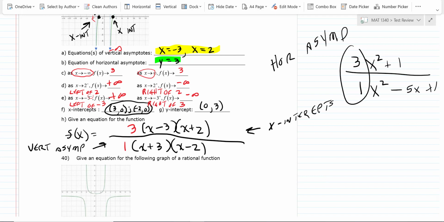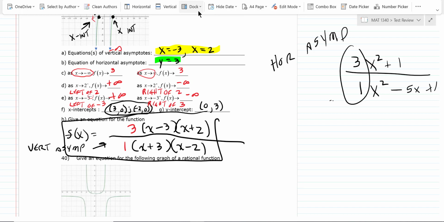The only thing that you got to do on this problem is see if our y-intercept is correct. So this is probably the answer to the problem. That is probably more than likely your answer. So I'm going to check the y-intercept. We had the y-intercept is 3 on this problem. Now it may not be 3. It may end up being just some number close to 3. So when you find a y-intercept, you find f of 0.